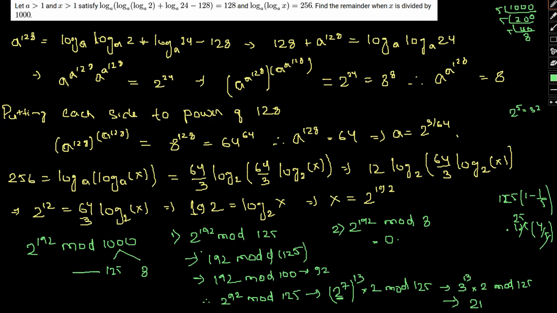So this part I can write as 125x plus 21, and this I can write as 8y plus 0.